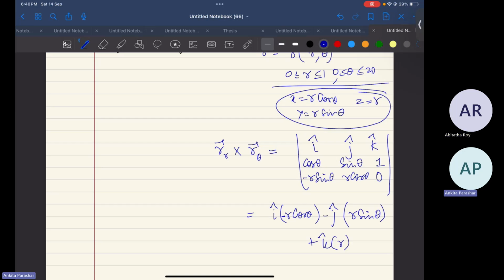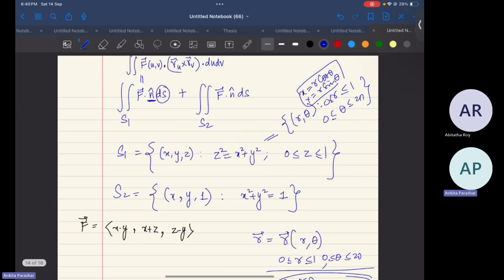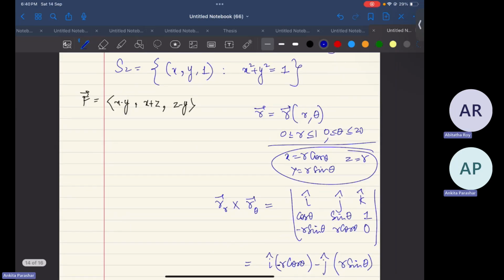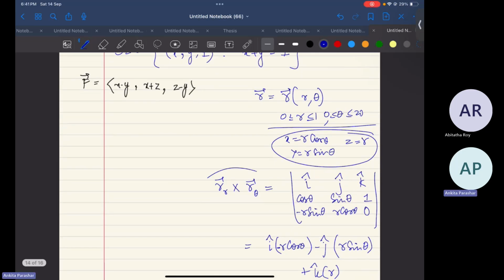Yeah, it looks okay now. So let's quickly put over there r_r cross r_theta we have. Let's write F dot with this cross product, we have to take the dot product.